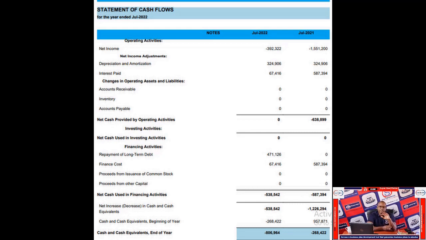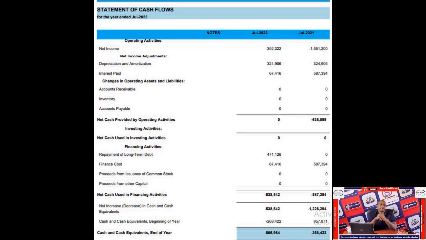Remember, the income statement is more, I'll call it theoretical, in a way that it also includes non-cash items like your depreciation. Remember, I was talking about depreciation when we were doing the income statement. So the cash flow gets rid of those to say, I don't want to see what is not cash.